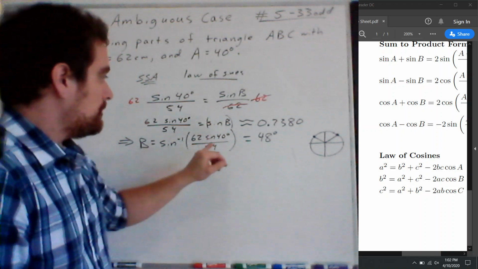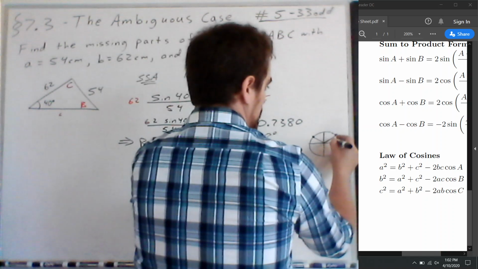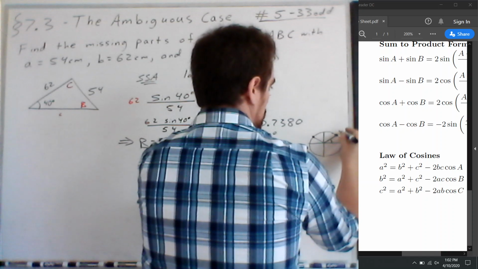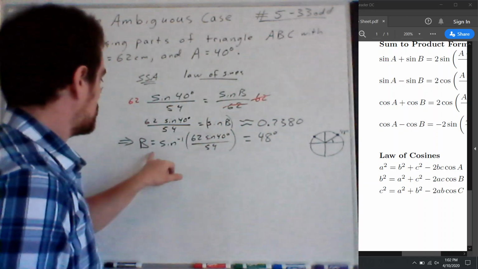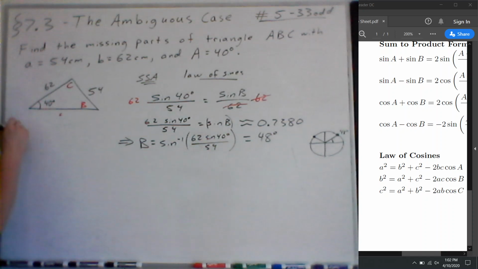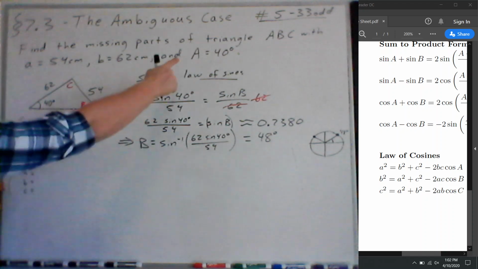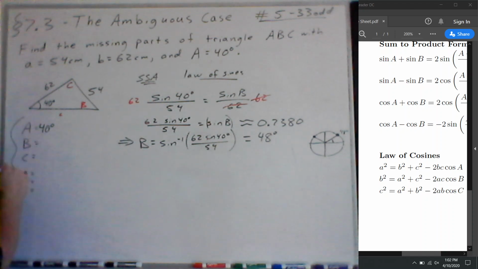I'm looking at an angle that is positive 48 degrees in quadrant 1, which I'm going to call B. So I'm going to look at angles ABC and sides ABC. Now, this is fixed, of course, 40 degrees. Little a and little b are fixed, of course, 54 centimeters, 62 centimeters.